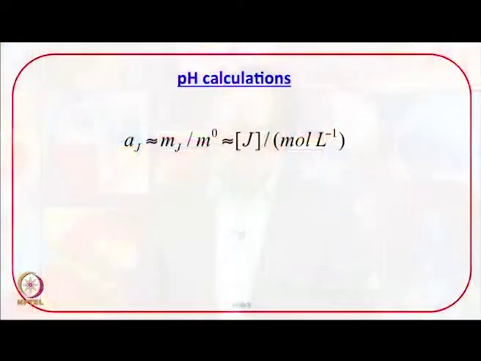But the definition of pH is minus logarithm of activity of hydronium ion. Let us take a look at the slide. Since the definition of pH is minus logarithm of activity of hydronium ion, we need to talk about the activity.